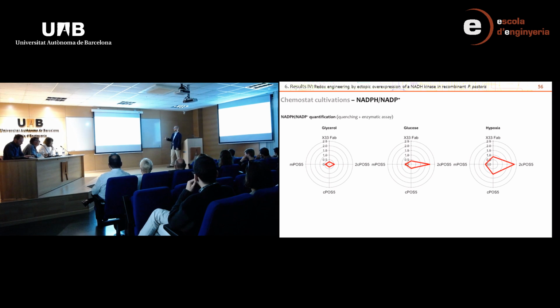Now, the shape is similar to the other graphs, so the behavior is also more or less the same. Nevertheless, in hypoxic conditions, we see that these ratios are enhanced, meaning that the activity of POS5 is boosted in hypoxic condition.